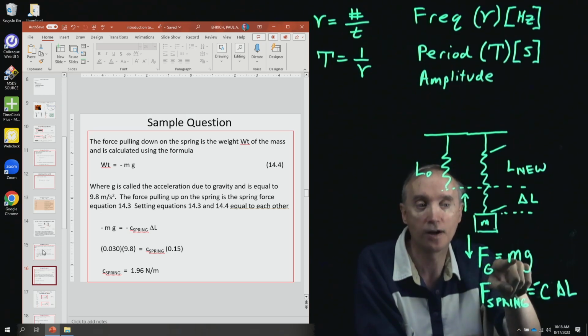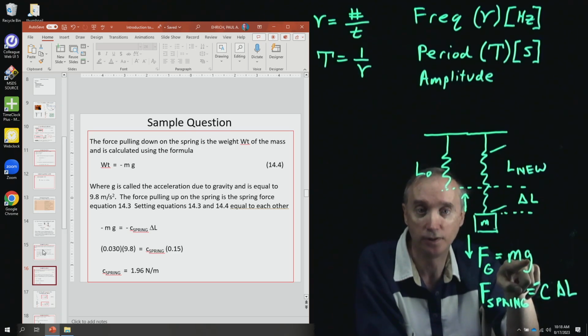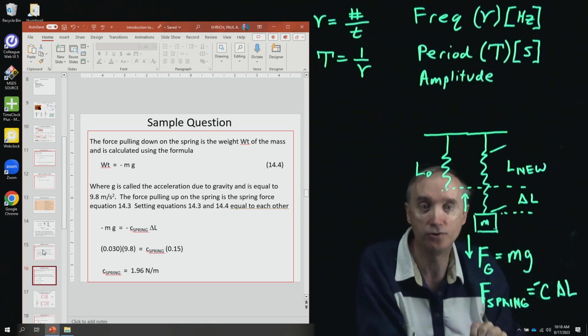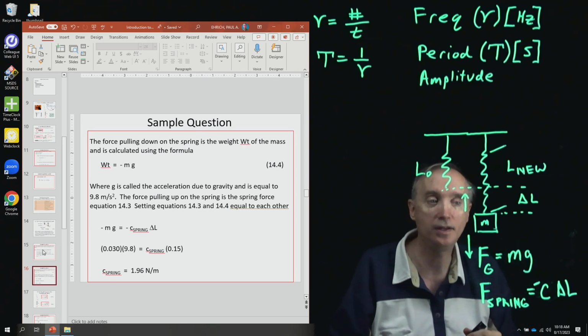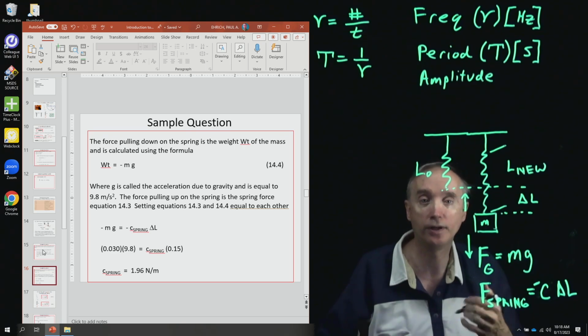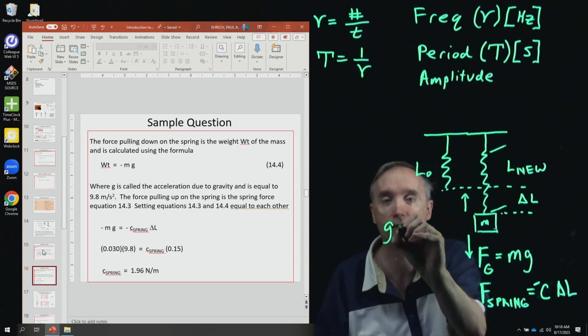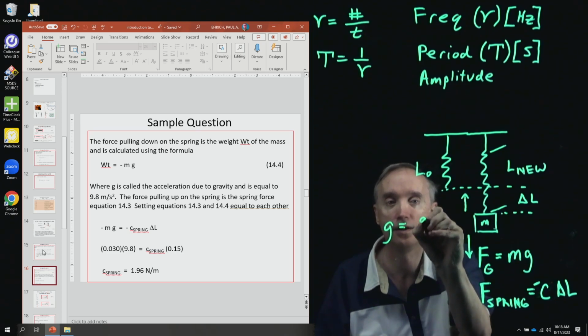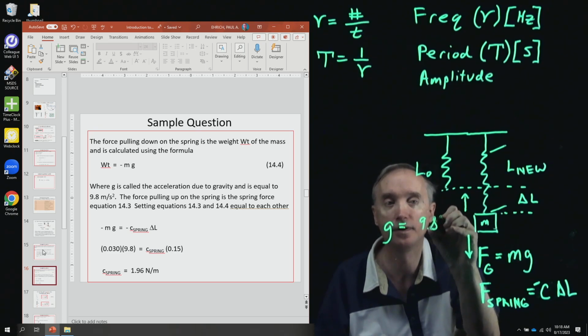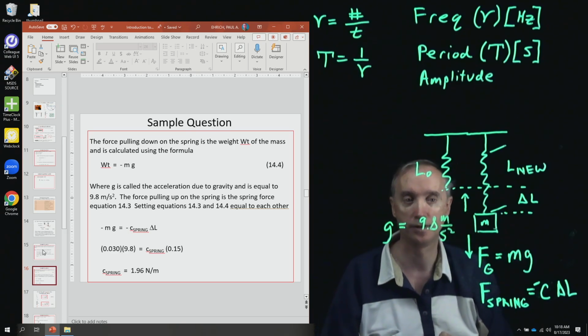The force of gravity is the mass m multiplied by g, the acceleration due to gravity, which is equal to 9.8 meters per second squared.